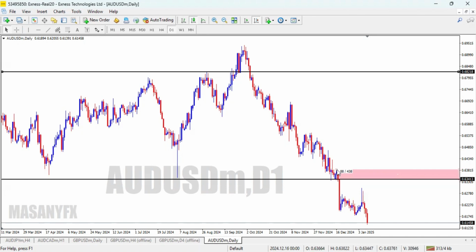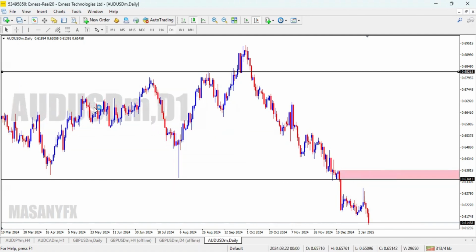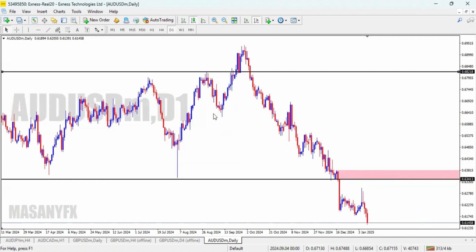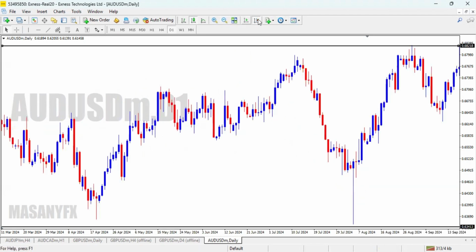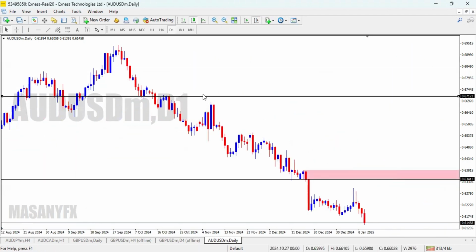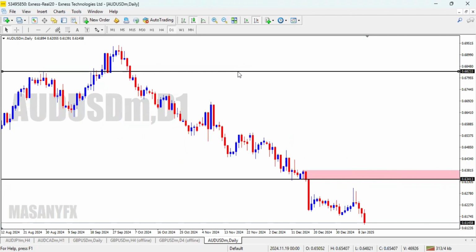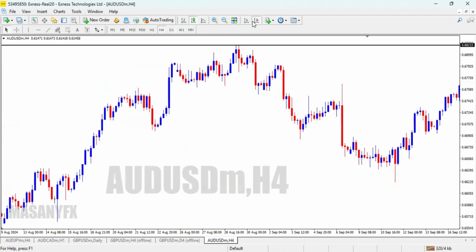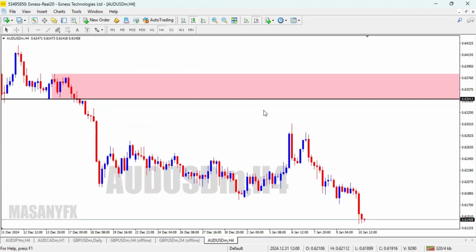We know very well that AUD/USD is selling, right? But we could not just place a sell because it is selling without finding places where we can put our selling position. So let me go to a smaller time frame like this one.